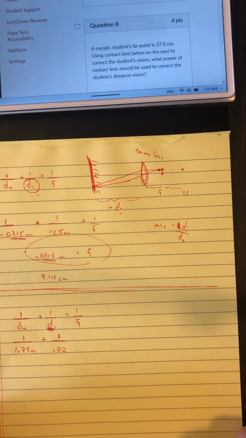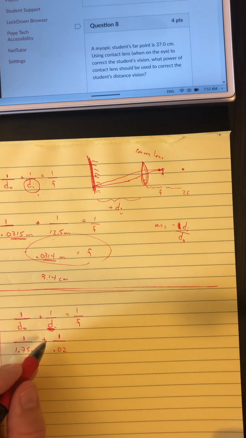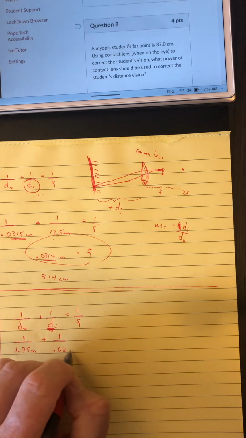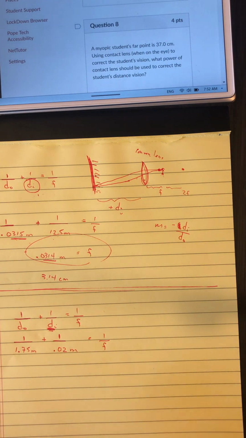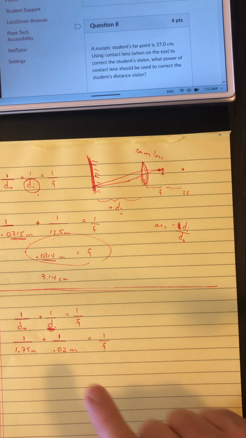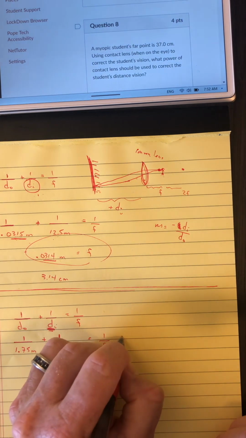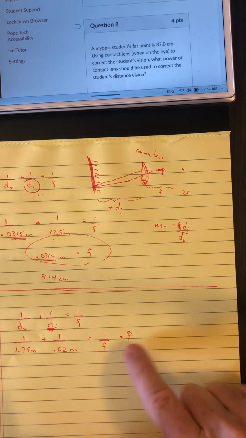That's why we said this is the way to do this problem: always know that for the eye, the image distance is that 2 centimeters, which I'm going to write in terms of meters. Again, like the last problem, that has to be positive. Then in this case we have to find the power. The power is defined as the reciprocal of the focal length, so we need to remember that.